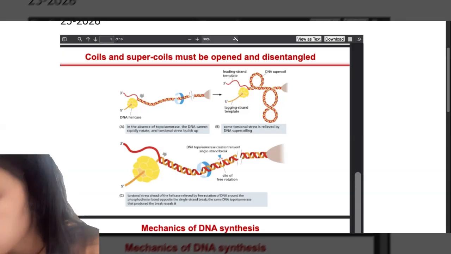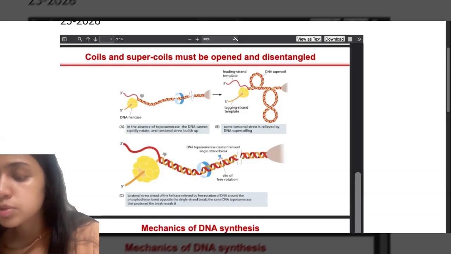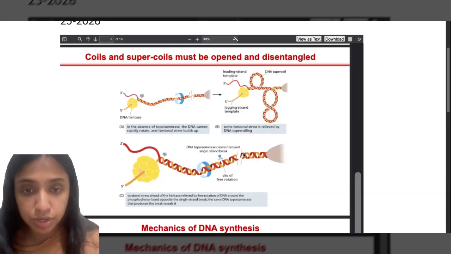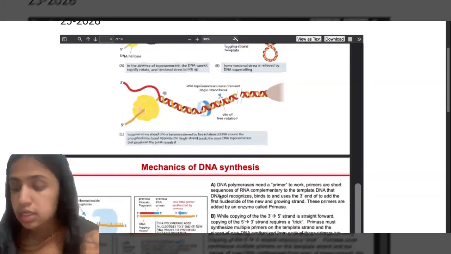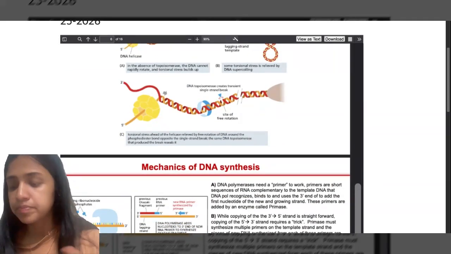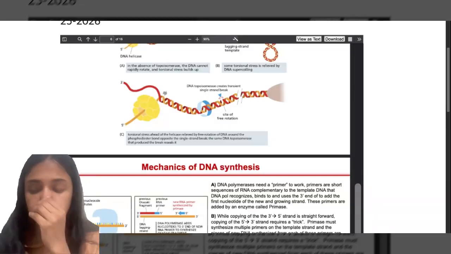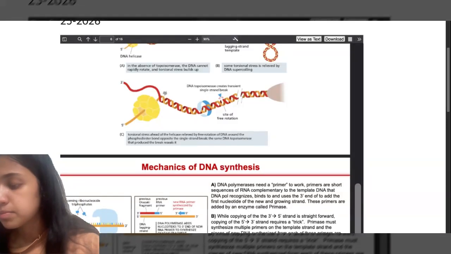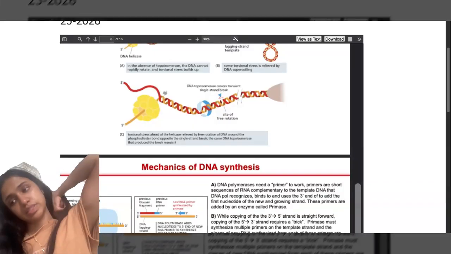Step C, topoisomerase fixes this problem. Topoisomerase comes in and temporarily cuts one DNA strand. So it cuts it right here, right? This allows the DNA to rotate freely, removing extra twists. The enzyme then reseals the break.